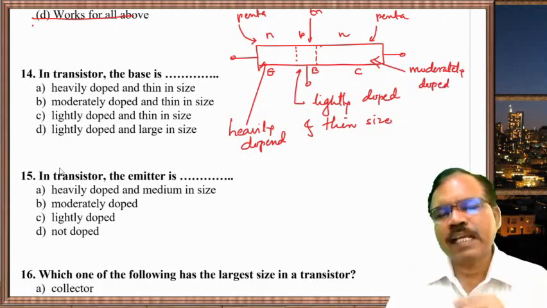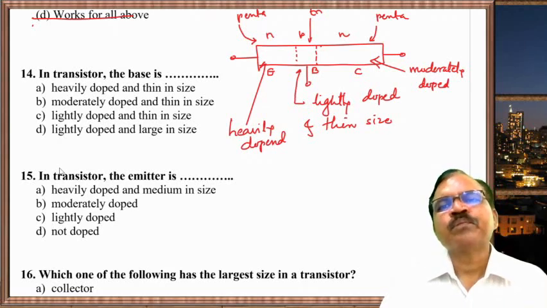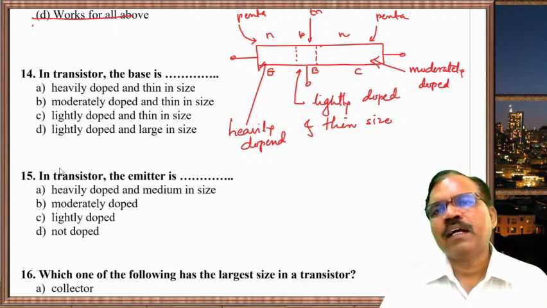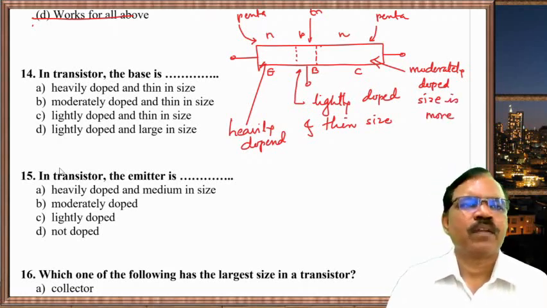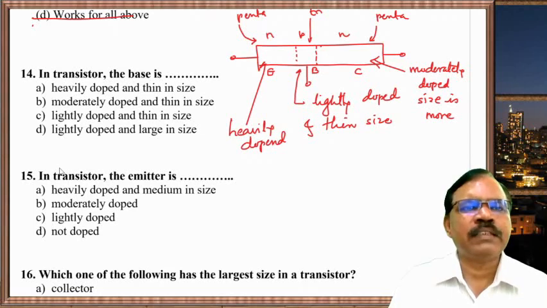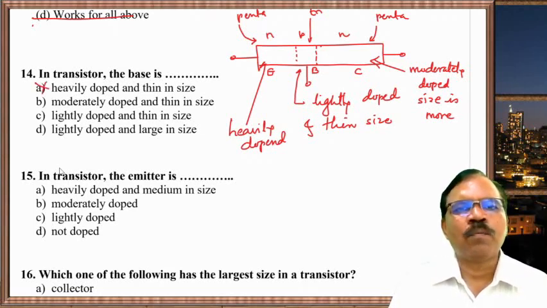But since it has to collect charges or carriers, its size is more as compared to emitter. So here in transistor, the base is heavily doped and thin in size, no. Moderately doped and thin in size, no. Lightly doped and thin in size, yes. Lightly doped and large in size, no.